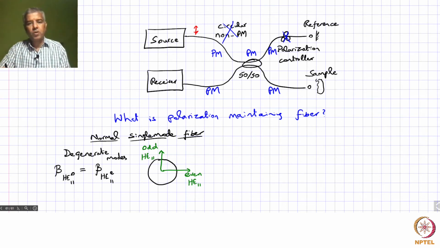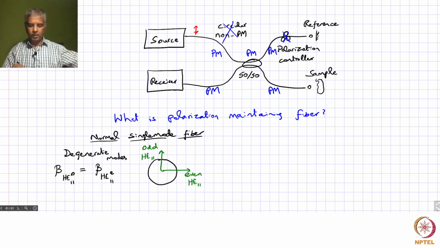That means they are what are called degenerate modes. So when you have degenerate modes, you can essentially couple light from one polarized mode to the other polarized mode.